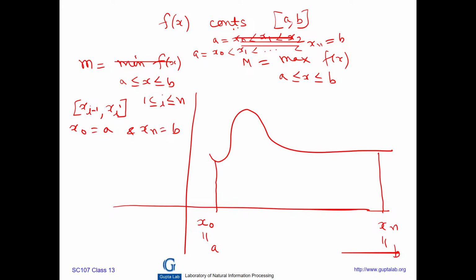So suppose this is x1, somewhere here, suppose this is xn minus 1, right?